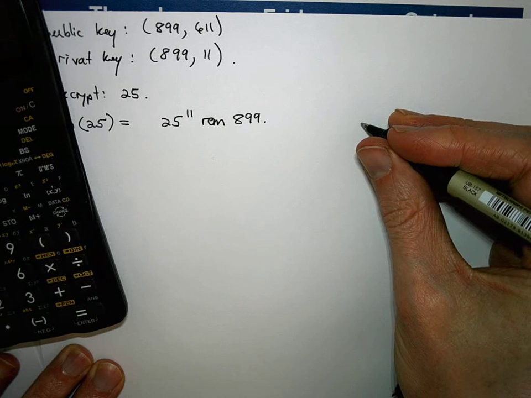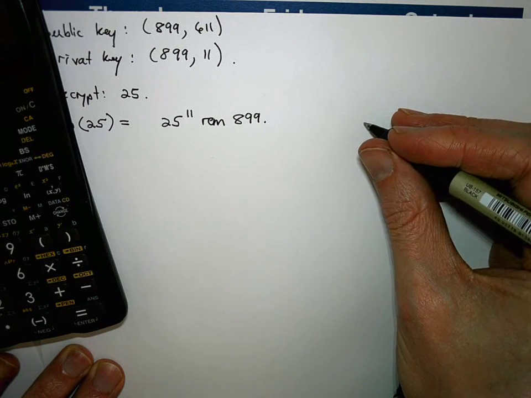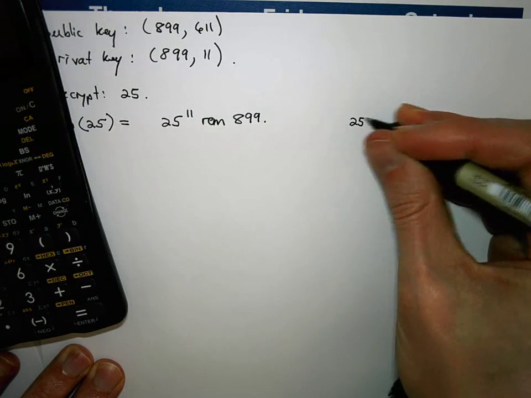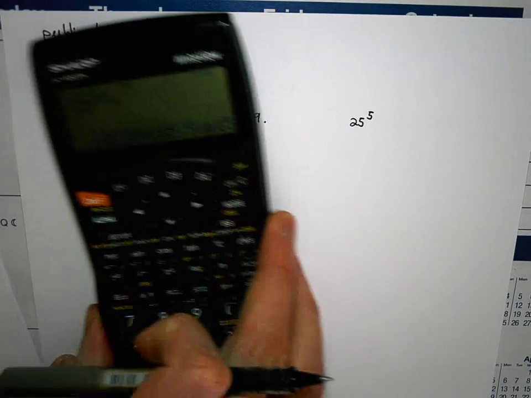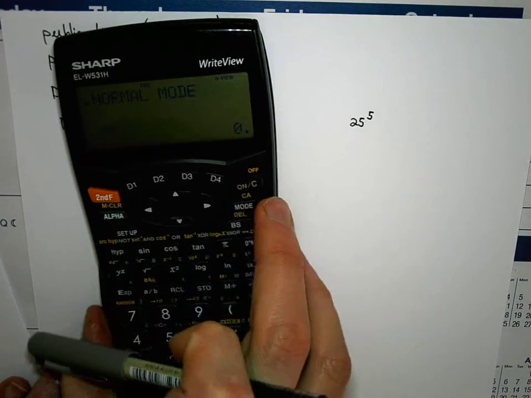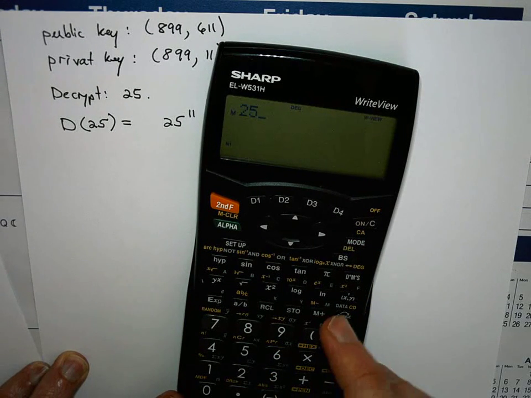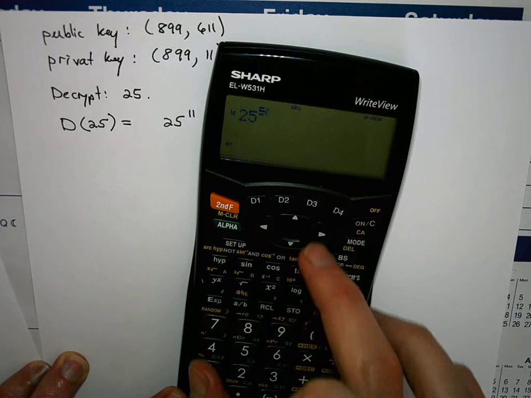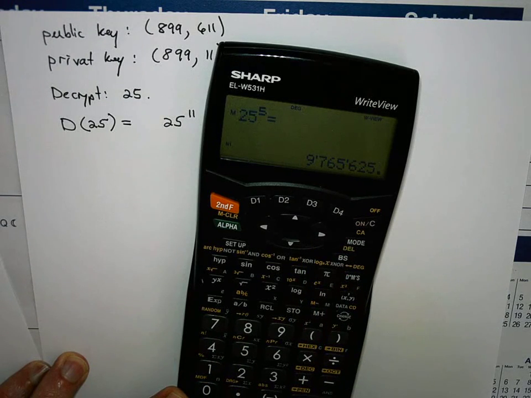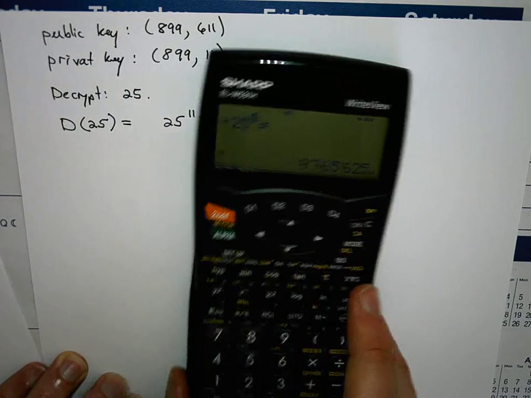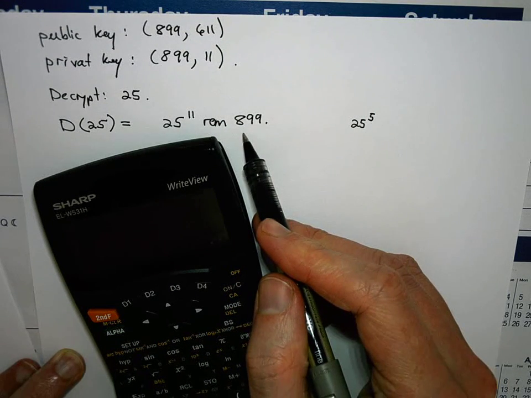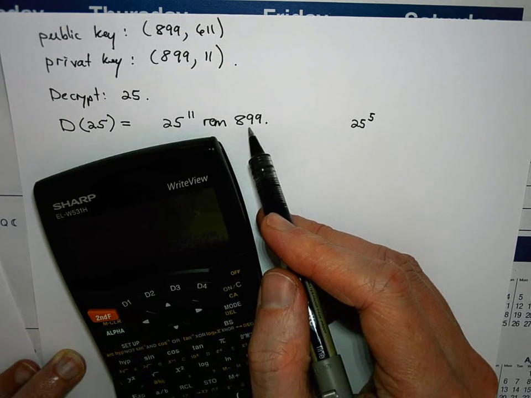You can try a few powers. Let's try 25 to the power 5. That might be something more manageable. What I'm interested in is the remainder after division by 899.